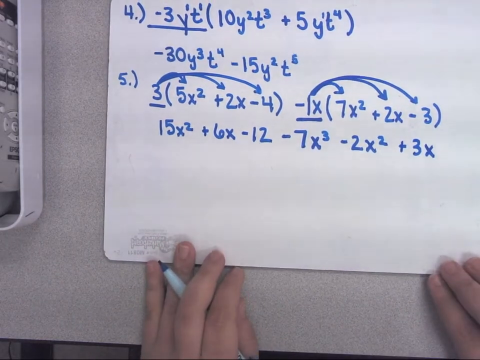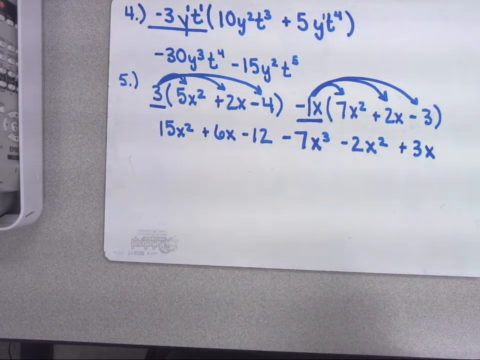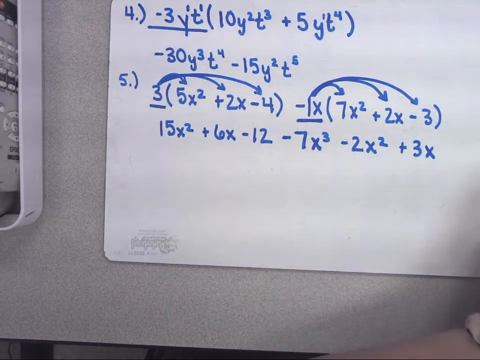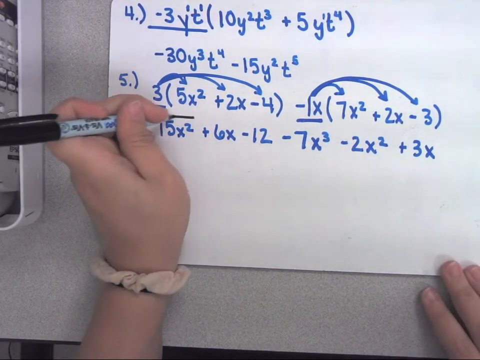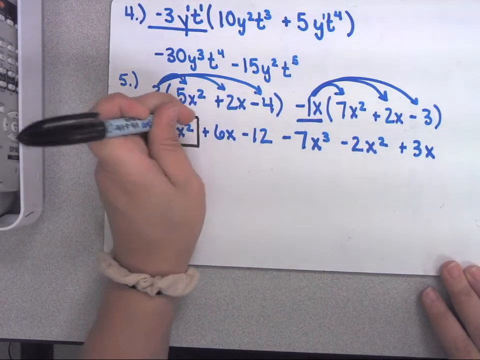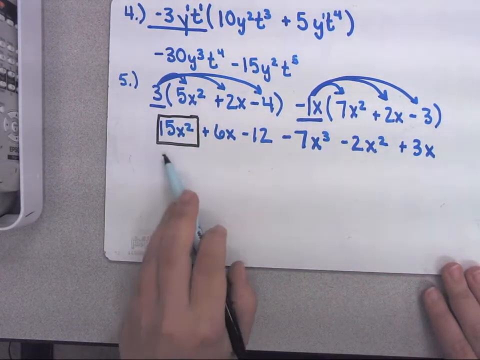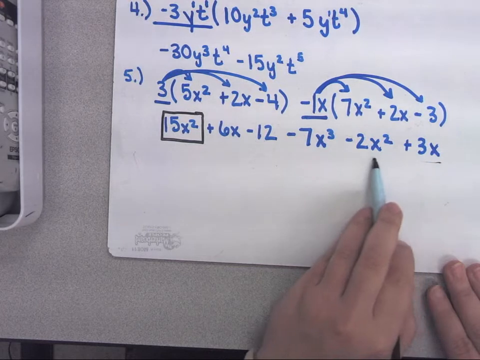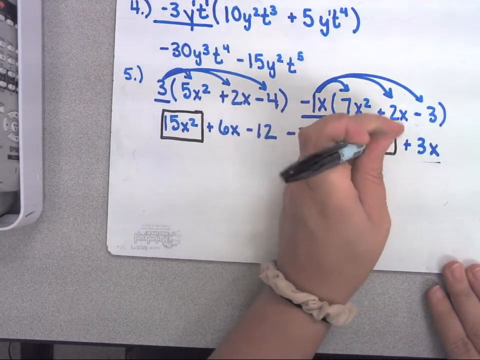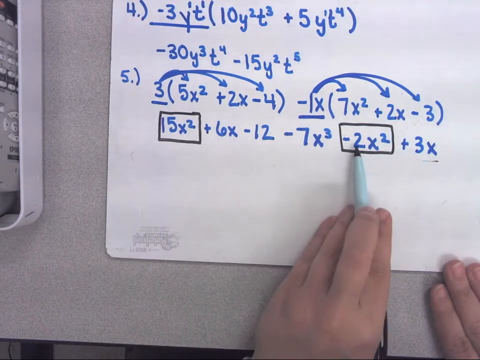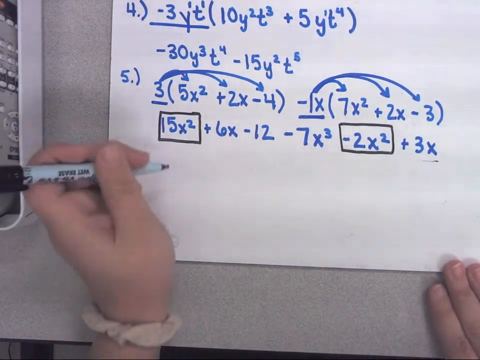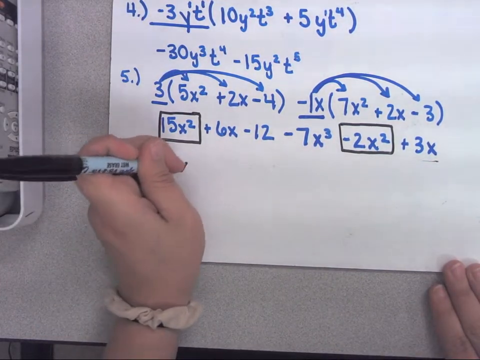Now you have this big long thing, but what did we just do as warm-up and last section? We're going to combine like terms. Look at the first one. This guy is squared. Anybody else squared? Okay, I'm going to square him. Combine them, 15 of them minus 2 of them. So 13x squared.